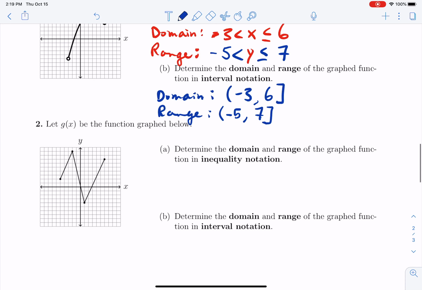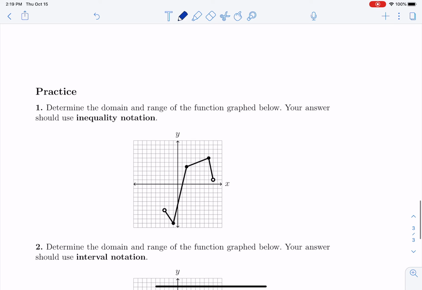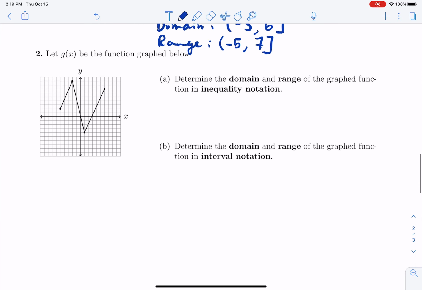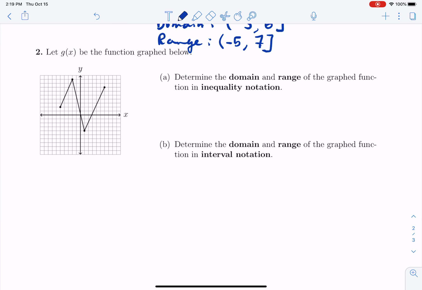Okay, so let's look at the second example. Let g of x be the function graphed below. Determine the domain and range of the graphed function in inequality notation. Okay, same thing as before. I'm going to draw a vertical line, if that helps me. And I'm going to see, for my domain, which are my x values, where's the smallest x value located?